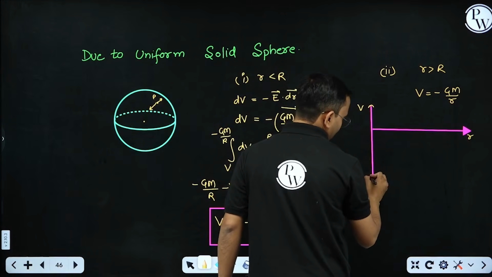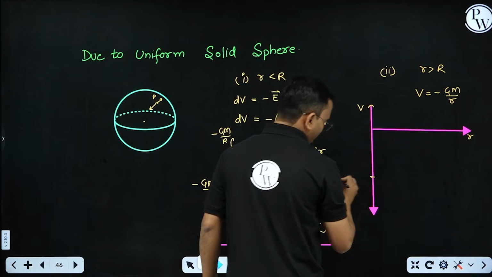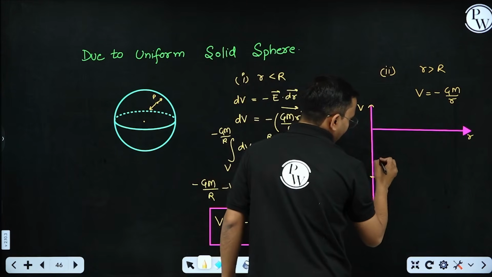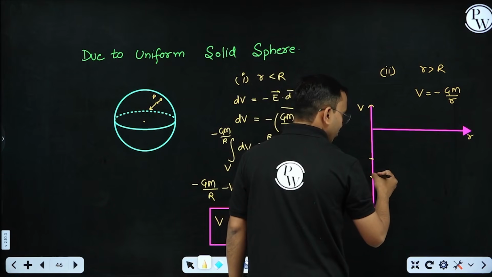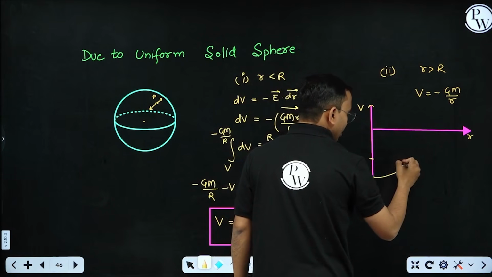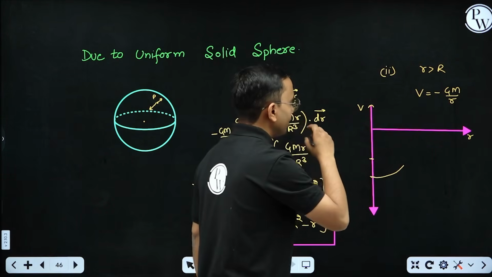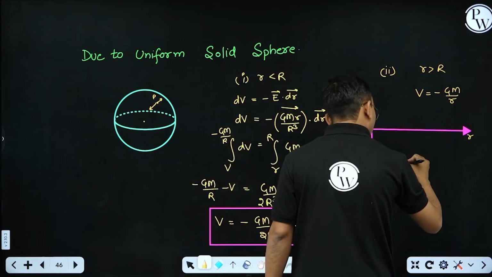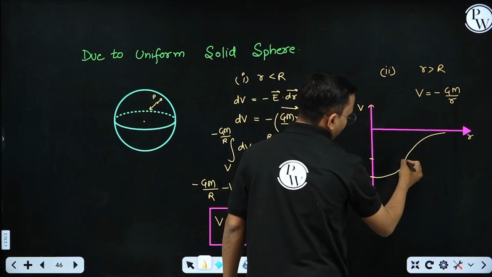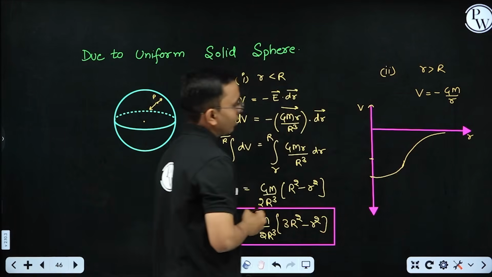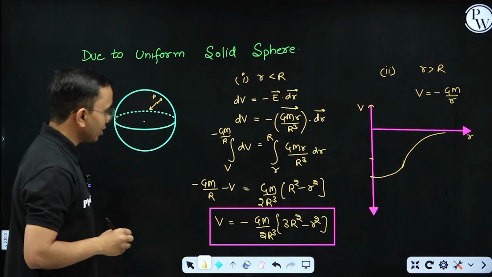Okay, so this is my 3 by 2 times, and this is my center potential. So it will go somewhat like this, and from the surface it becomes a 1 by r kind of relation. It will go like this. How much is this?